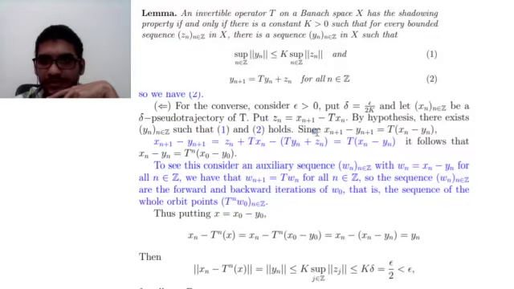Now we have this: x_{n+1} minus y_{n+1} is equal to T of (x_n minus y_n).